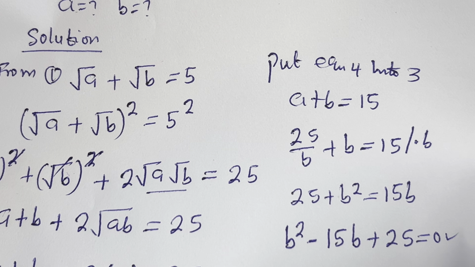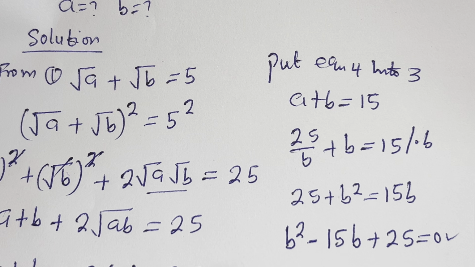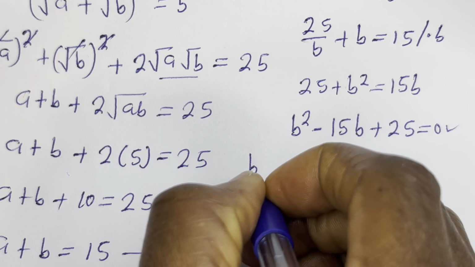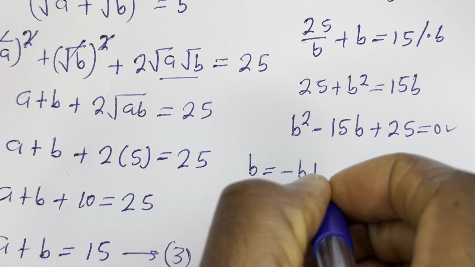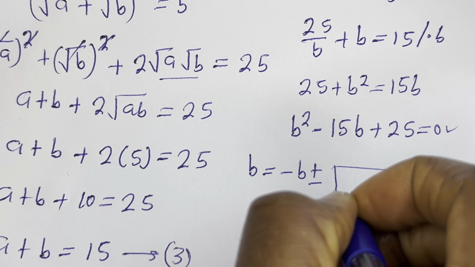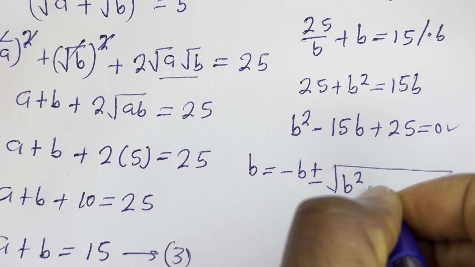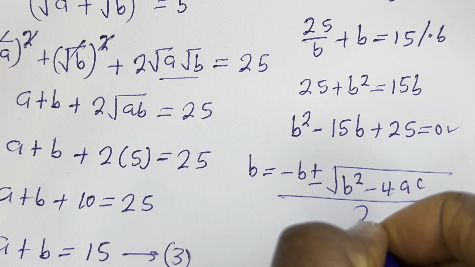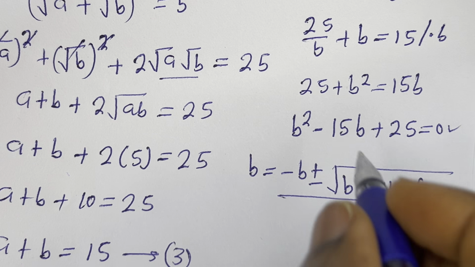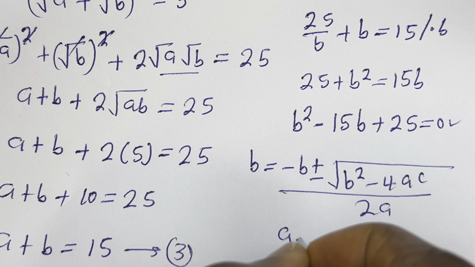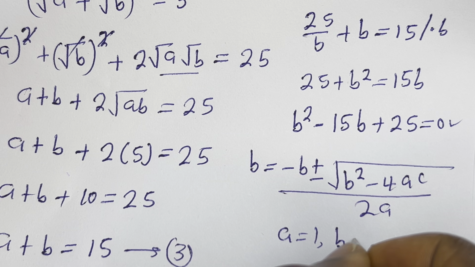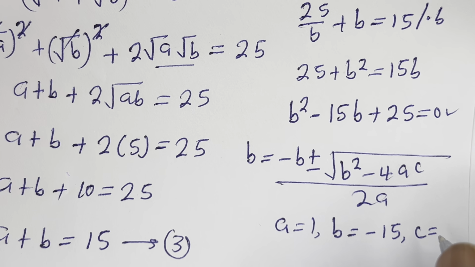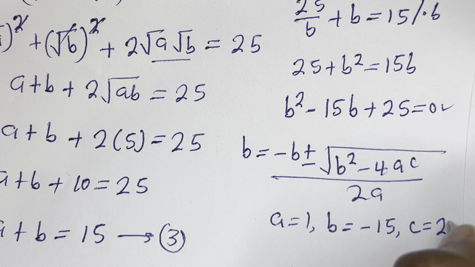This is a quadratic equation. Let's solve this using the quadratic general formula. b is equal to minus b plus or minus square root of b squared minus 4ac, over 2a. And from this equation, a is equal to 1, b is equal to minus 15, c is equal to 25.